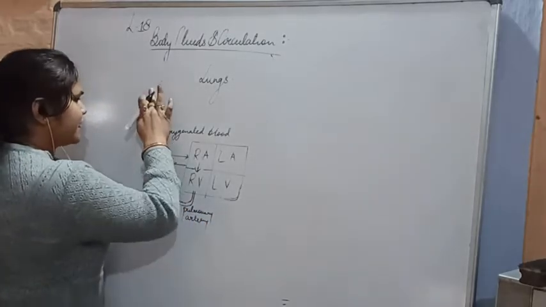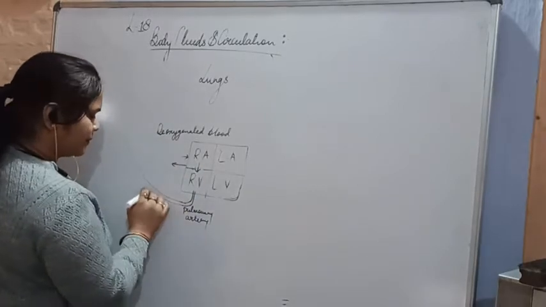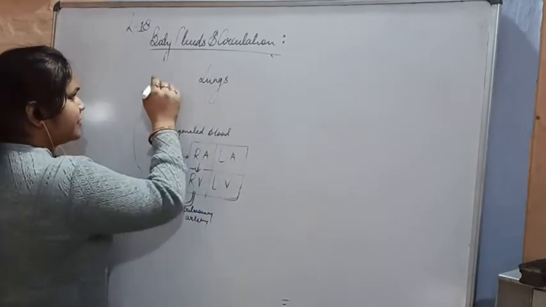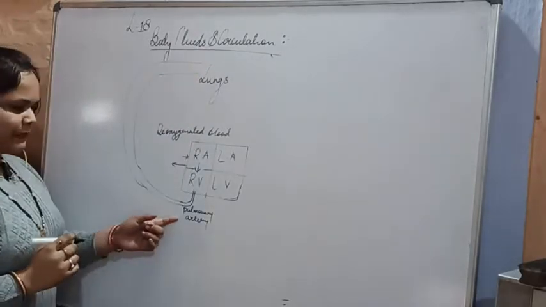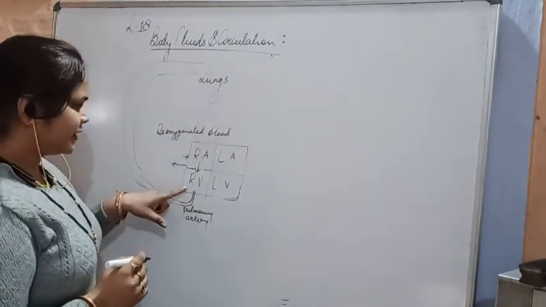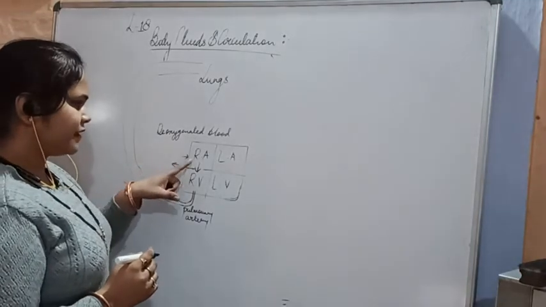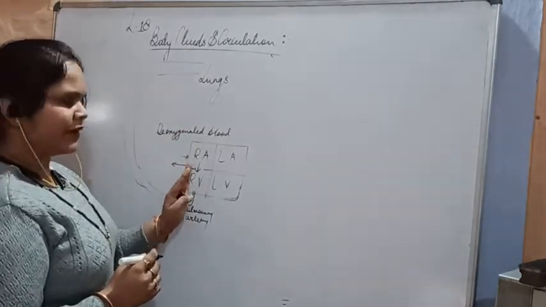From the pulmonary artery it goes to the lungs. The pulmonary artery will carry the deoxygenated blood which is present in the right side of our heart.